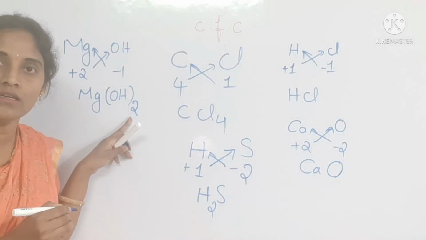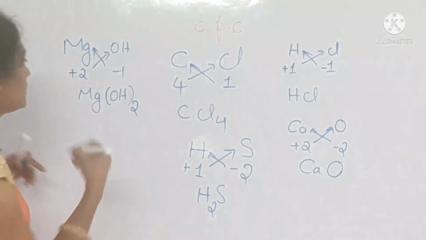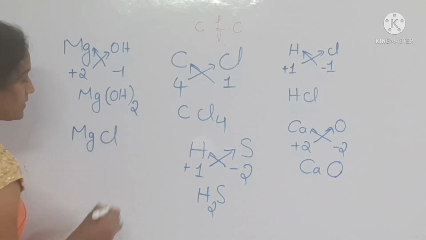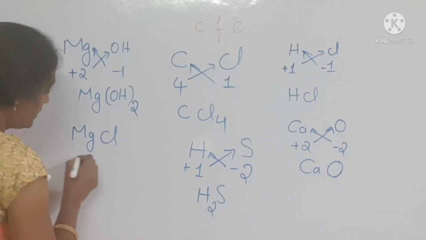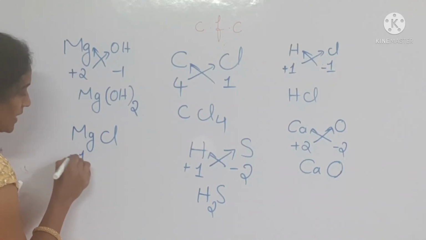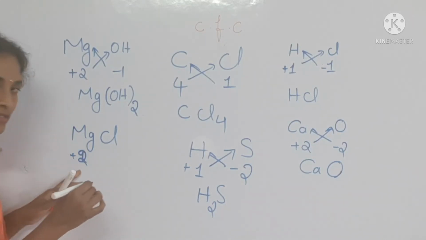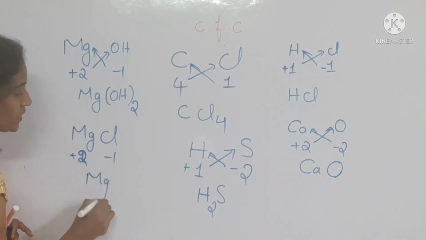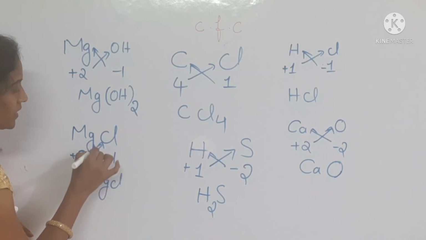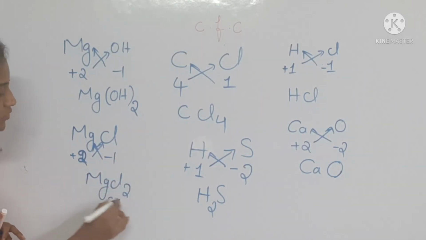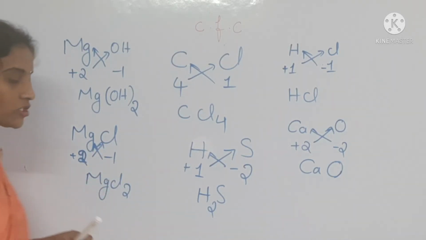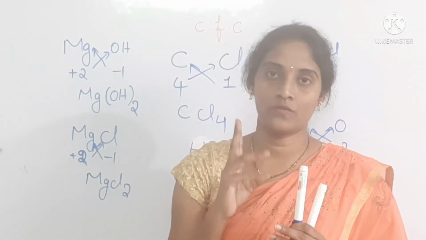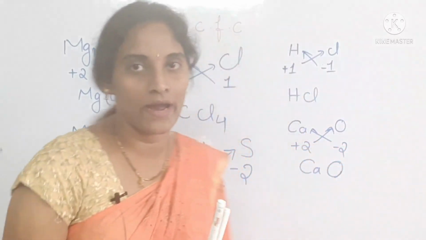After that, you should write the number of ions here. In the same way, students, MgCl, if you take, here magnesium is +2, students. Its valency is +2. Next, Cl is -1. So after cross multiplication, you will get MgCl2, students, because magnesium valence is +2. That means it is able to form 2 bonds with 2 other atoms.